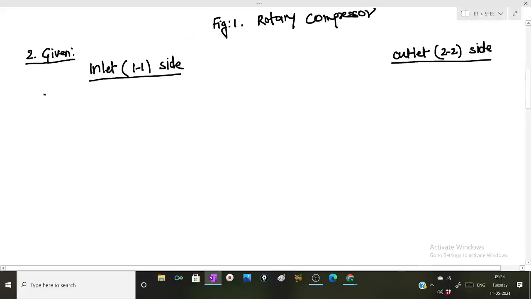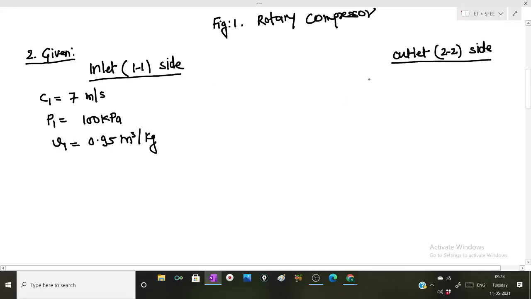At the inlet side, velocity is 7 meter per second, pressure is given as 100 kilopascal, and specific volume is 0.95 meter cube per kg.